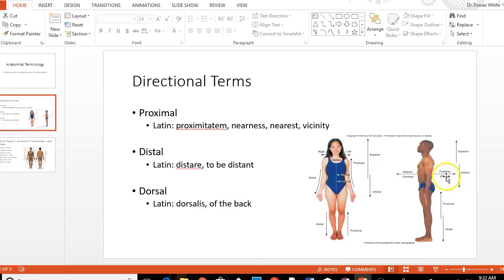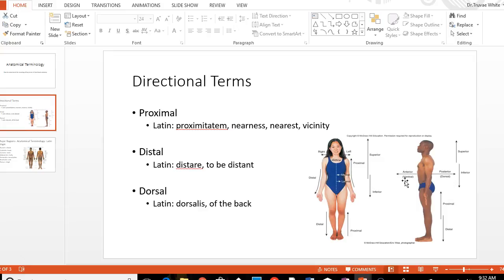So dorsal, we'll find that here. It means towards the back or posterior to. So it could be used interchangeably. Dorsal means posterior. And then to add one that's not listed here, let's take ventral. Ventral means towards the front or anterior.